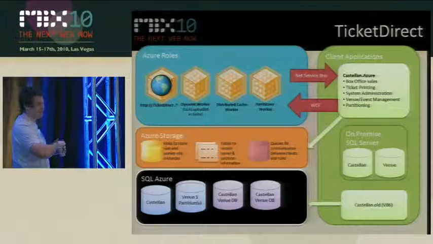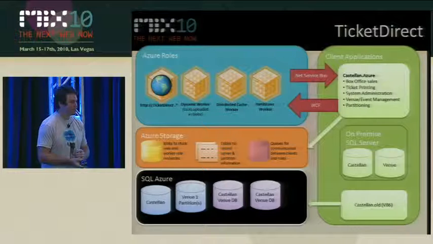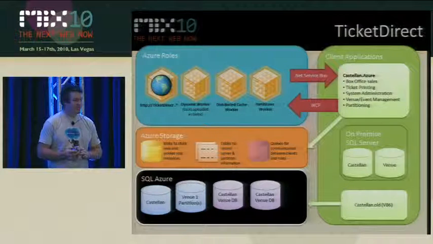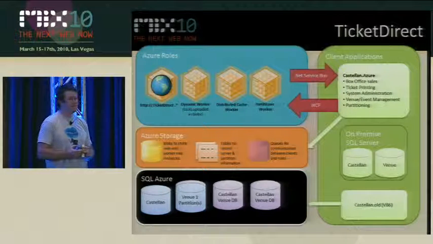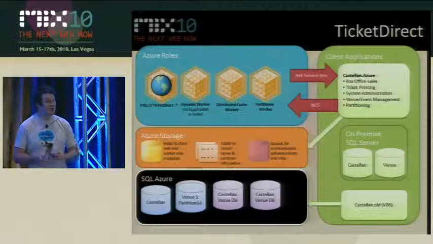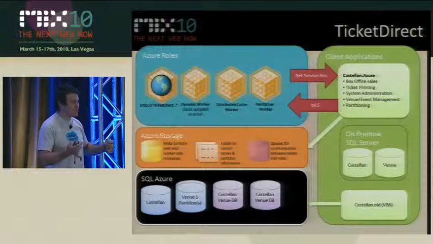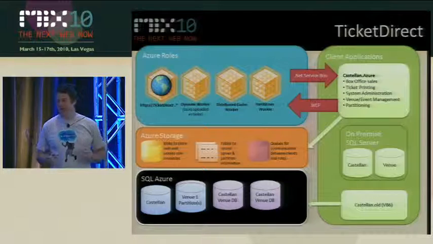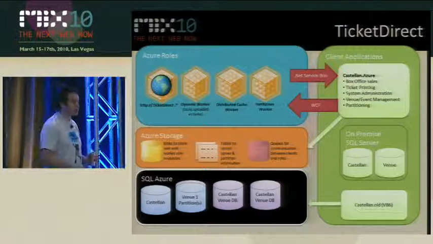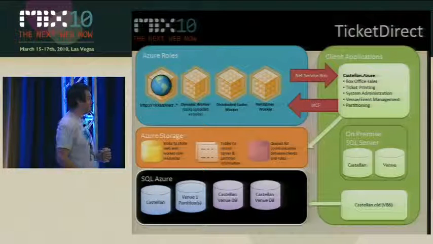SQL Azure pricing is so cheap that we reckon we could chop it up into 1 database per seat in the stadium and still make a good margin. So there are these amazing new possibilities to achieve performance that you could never get before. Most of our competitors are just going to fall flat on their face when that big game goes on sale.